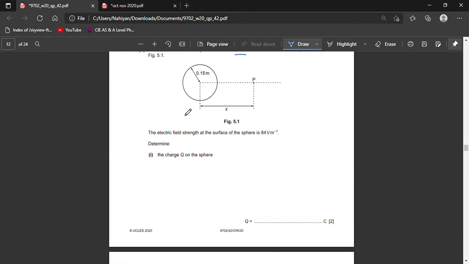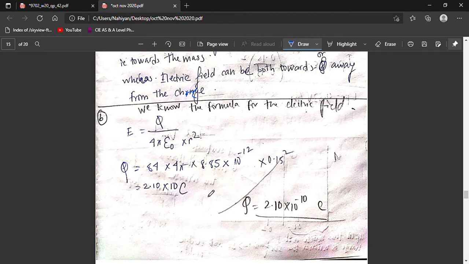The electric field strength at the surface of the sphere is already given. All you have to do is find the charge. We know the electric field formula: charge divided by 4 pi epsilon into the radius squared. So you just plug in the values.